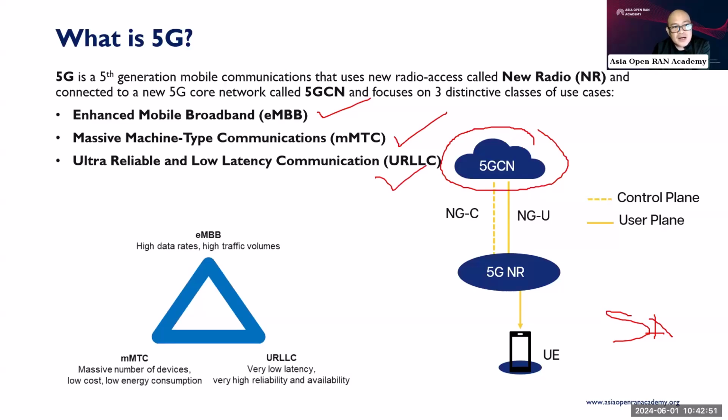For now, we have the eMBB. Okay? Partial lang 'tong mga 'to, dahil yung capability ng core network natin. But if we have the 5G core network, we can get these 3 use cases and end-to-end network slicing. Okay? So that is a glimpse of 5G. And the next sessions, probably by the next week, we'll further discuss it deeply.